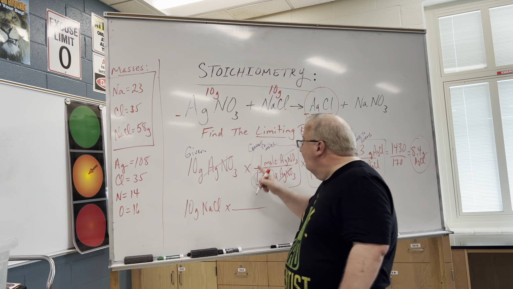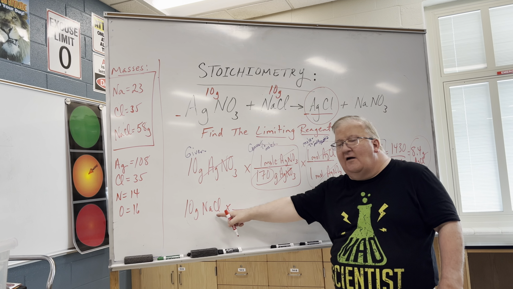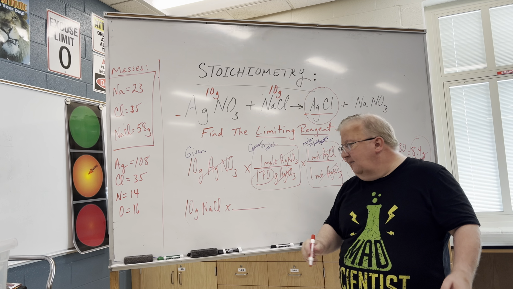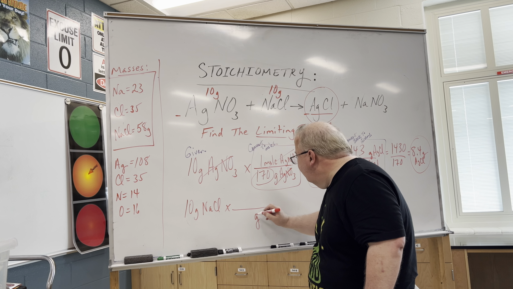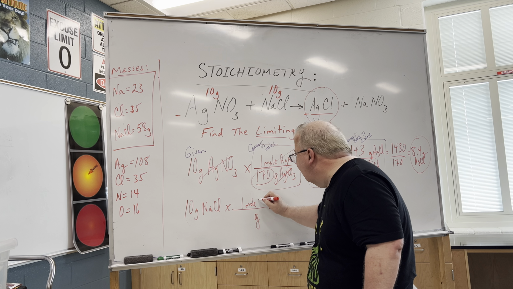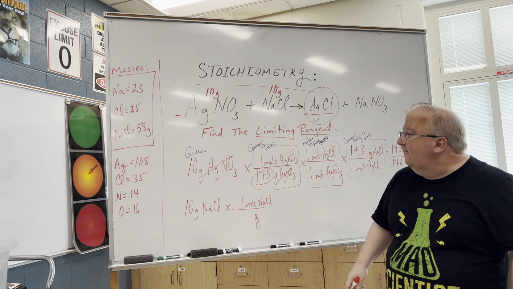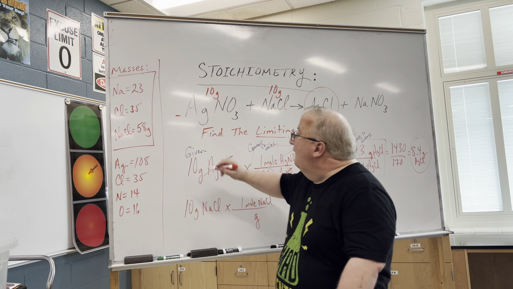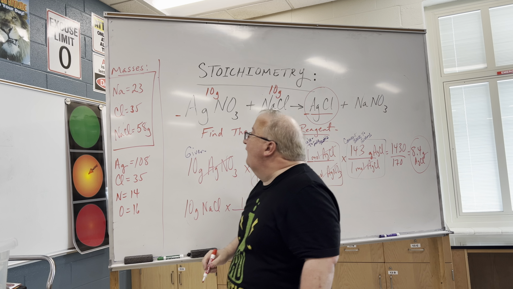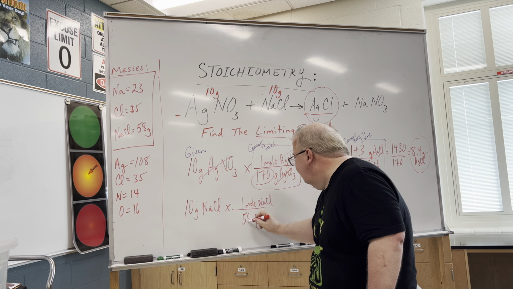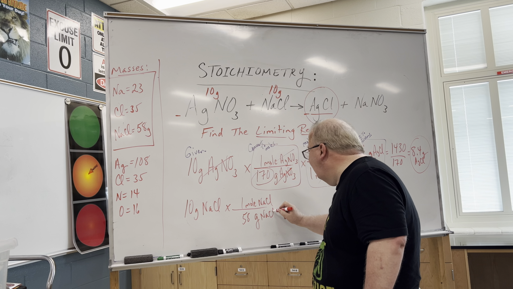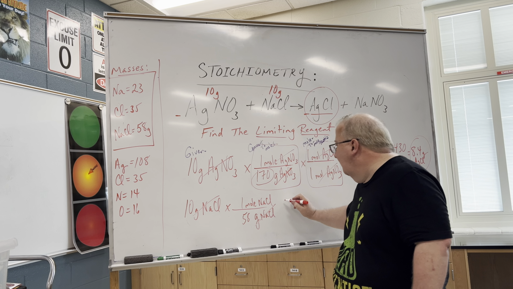Now the next one, we have to change grams to moles. How do we know how many grams are in 1 mole? We take the molar mass. Sodium is 23, plus 35, should be 58 grams. Okay? You have to write out everything. Don't take any shortcuts.